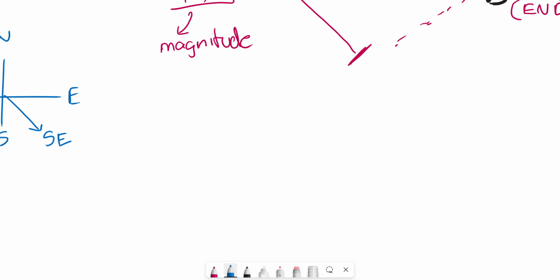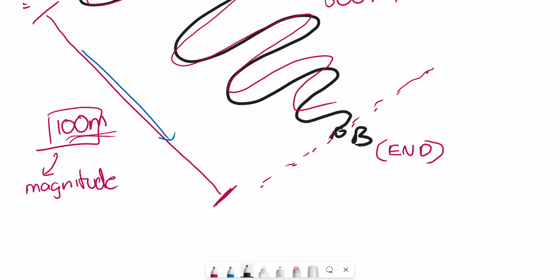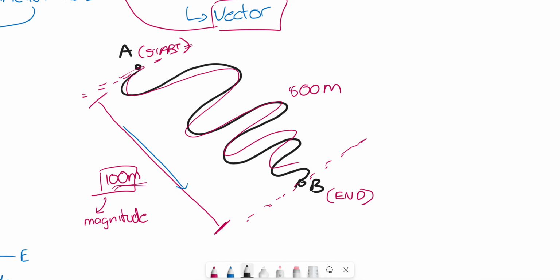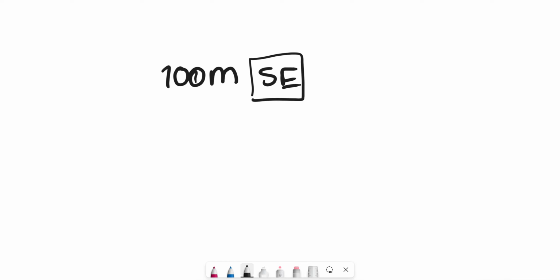So when we write out our full displacement, the displacement on this diagram, in this case, as it goes down this track, is 100 meters southeast. Now, in this case, I've used southeast. I just want to make it clear that the direction depends on your question, it depends on the scenario. You can use any form of units or way to indicate direction, but as long as it's indicated, it's fine.